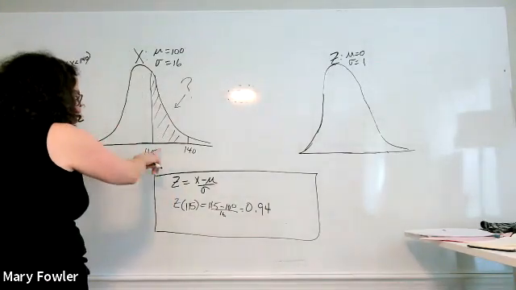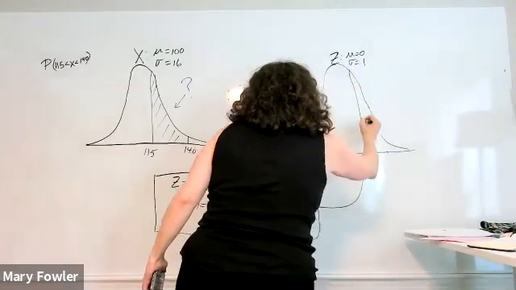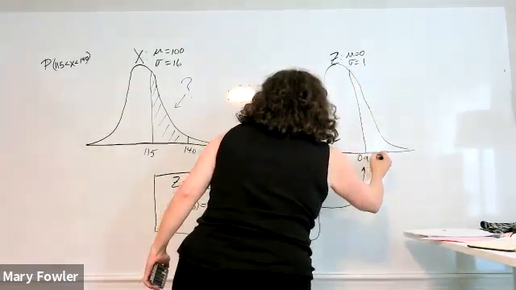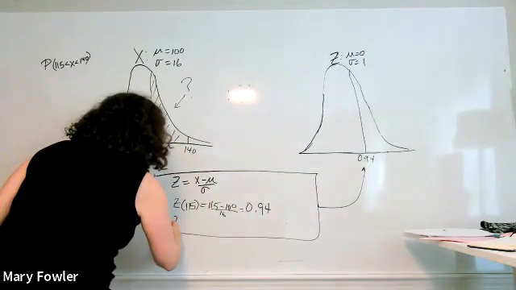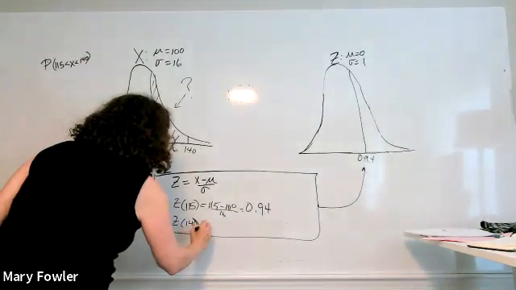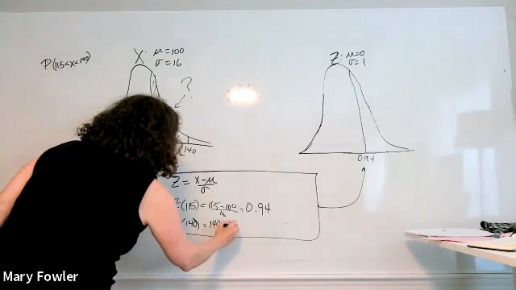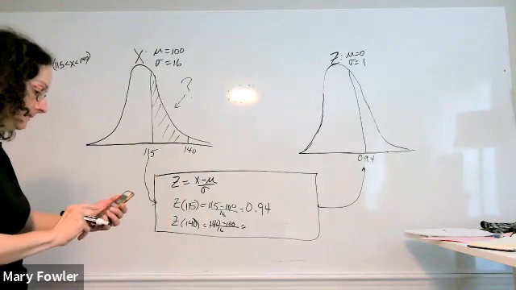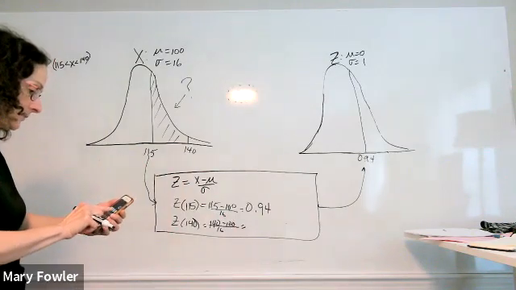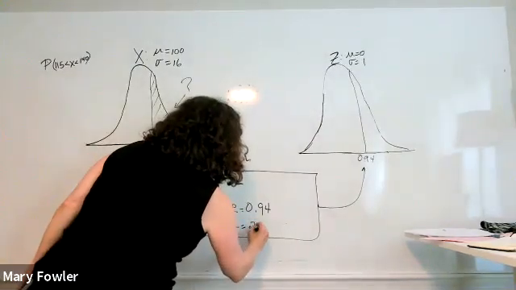So z of 115 maps to 0.94. Let's also find z of 140: x is 140, mu is 100, and the standard deviation is 16. To 2 decimal places, we get 2.50.